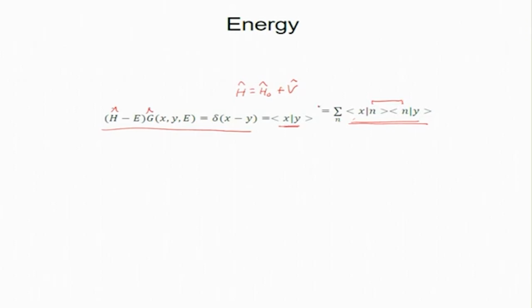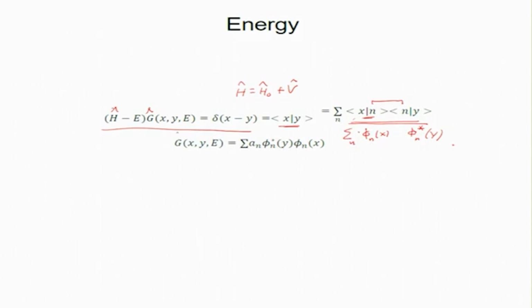What is this <x|n>? This is the eigenfunction, phi n of x, and this is phi n star, the complex conjugate, of y. So, the right hand side is nothing but the sum over n of phi n x phi n star y.